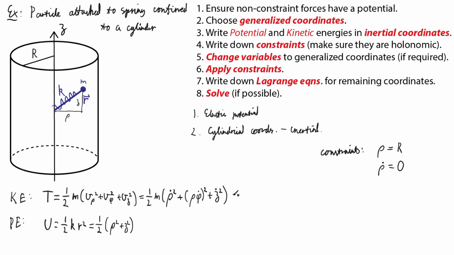Apply the constraints. 1/2 m R squared phi dot squared plus z dot squared for the kinetic energy, and for the potential energy, I forgot a k over here. We get k over 2 z squared plus a constant, which is k capital R squared over 2. But constants don't matter when it comes to potentials.